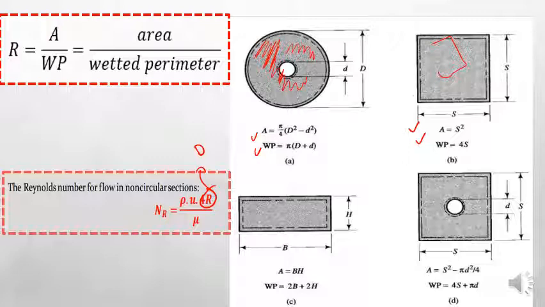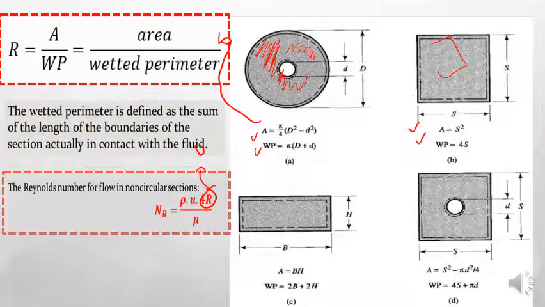You can substitute them and get A and WP, and once you have A and WP, you can calculate the hydraulic radius. Basically, the wetted perimeter refers to the sum of the lengths of the boundaries of the section that are in contact with the fluid. So this is very important.